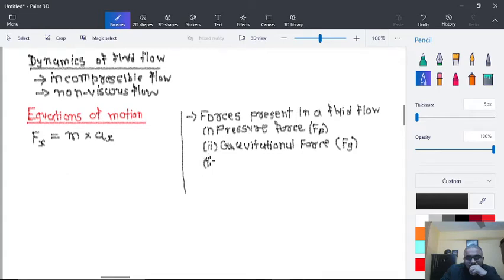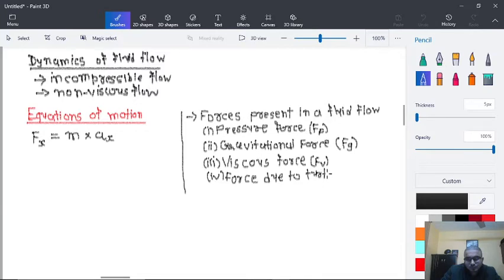Third is viscous force, Fv. Fourth is force due to turbulence, that is Ft.